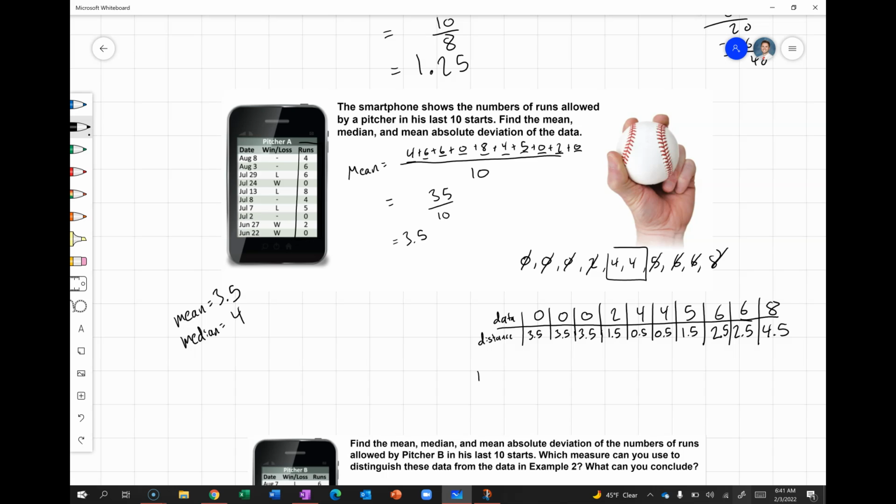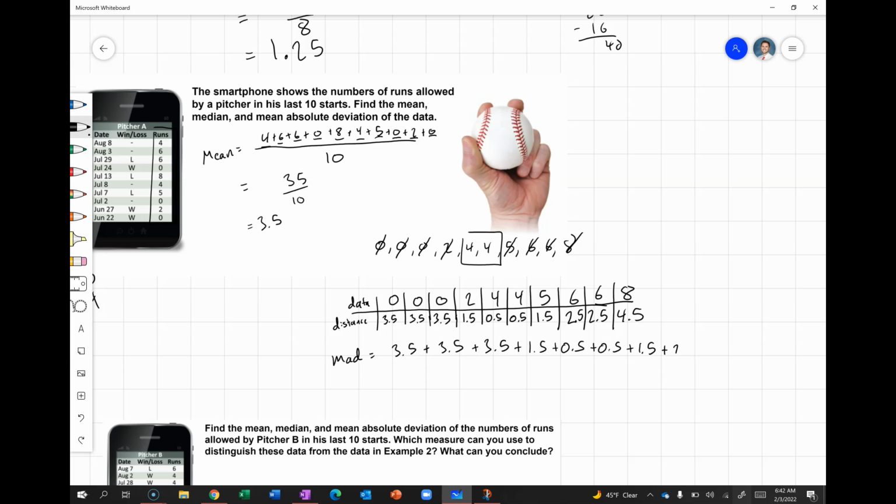So that will be our mean absolute deviation, 3.5 plus 3.5 plus 3.5 plus 1.5 plus 0.5 plus 0.5 plus 1.5 plus 2.5 plus 2.5 plus 4.5, and that will all be divided by 10.